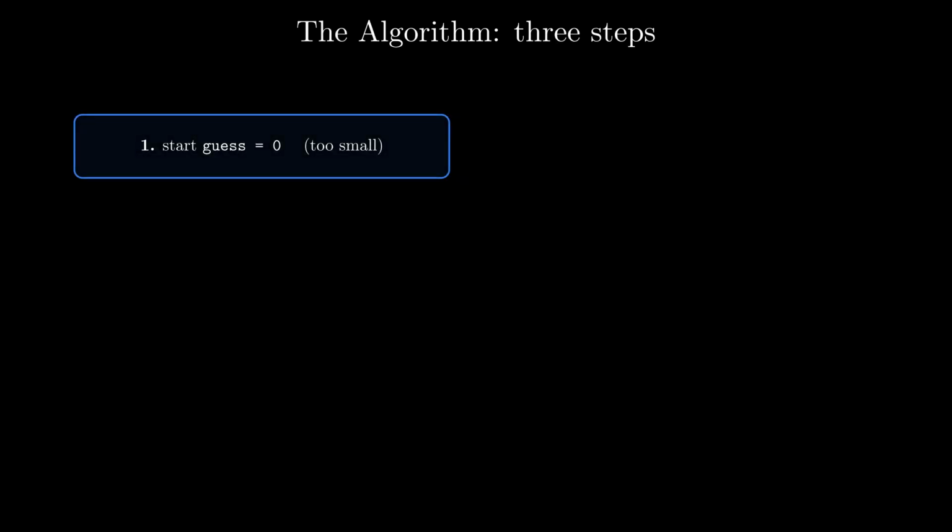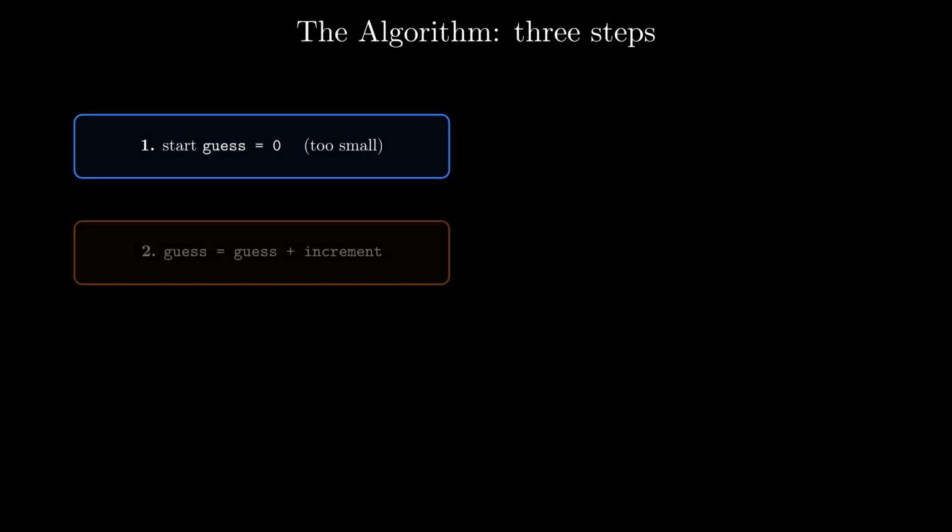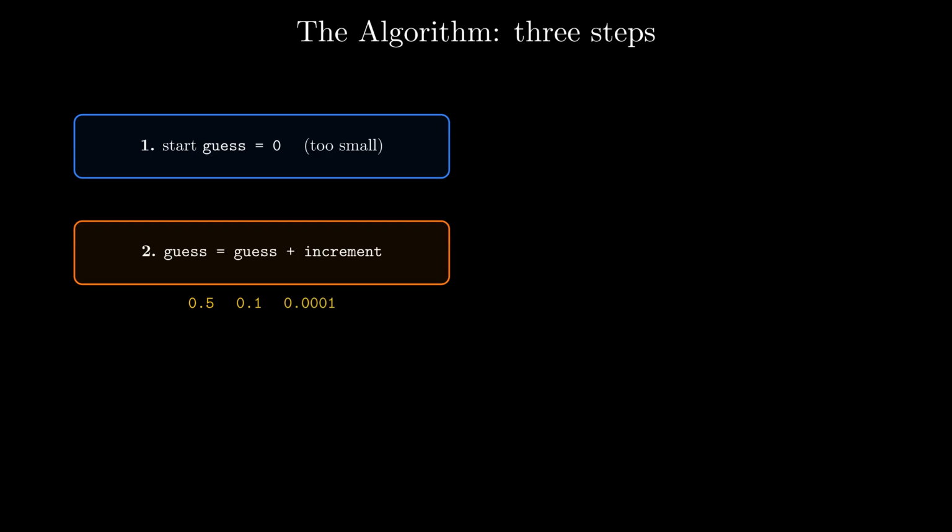The algorithm has 3 steps. Step 1, start with a guess we know is too small. For a square root, start at 0. Step 2, nudge it upward by a small increment. With guess and check, we stepped by whole integers. Here, the step can be 1/2 or 1/10 or 1/10,000, whatever we choose.